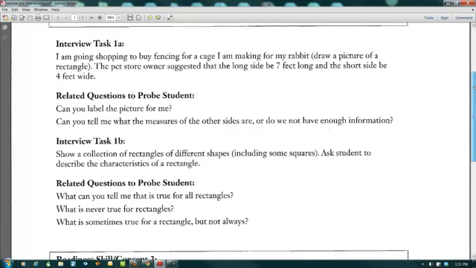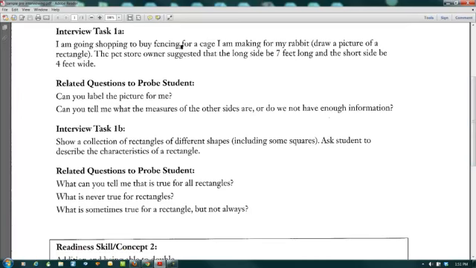So here you can see that a story problem or a real life example is given. And this teacher is going to have the student take a look at the picture that he or she is presenting, and then they're going to have the student answer these two questions. Can you label the picture for me?